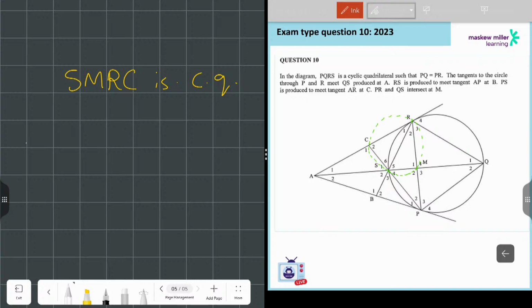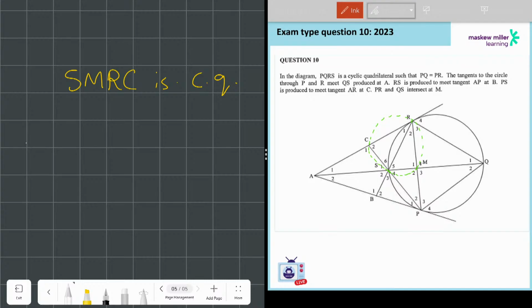If I can prove that the exterior angle of a cyclic quad equals the opposite interior angle, then I have proven it. If I can prove that the opposite angles add up to 180, then I have proven. If I can prove that there are angles subtended by the same chord, I have also proven.